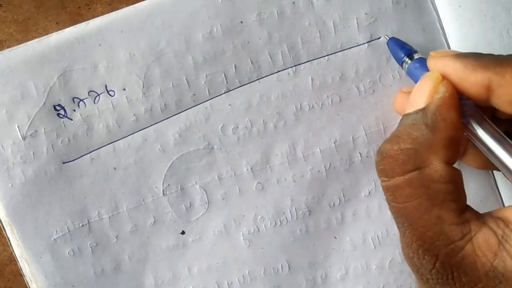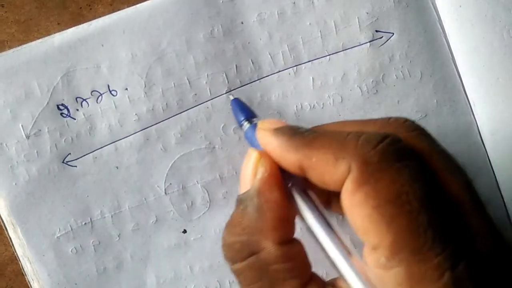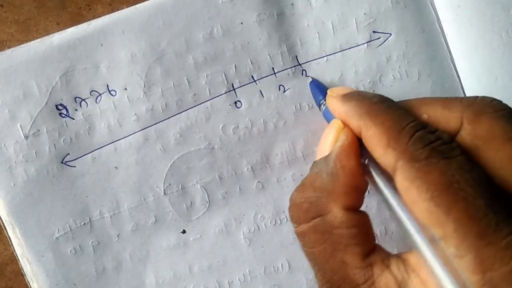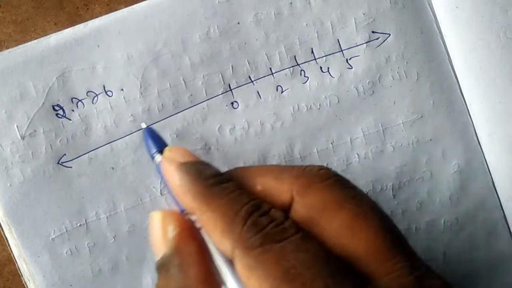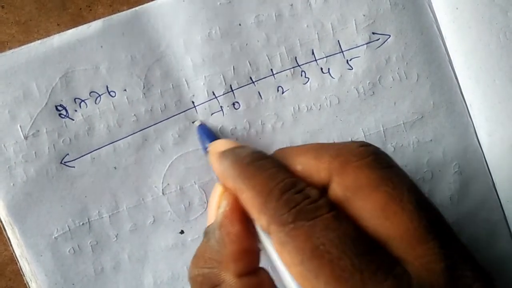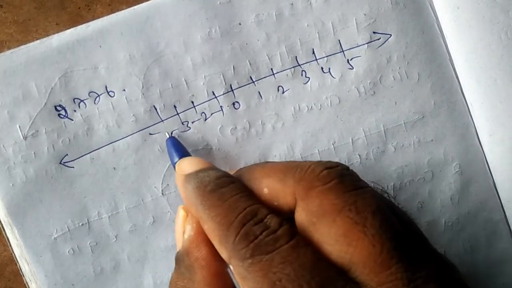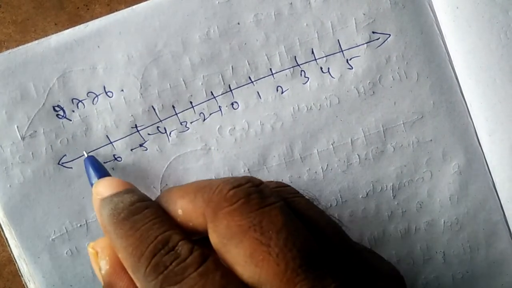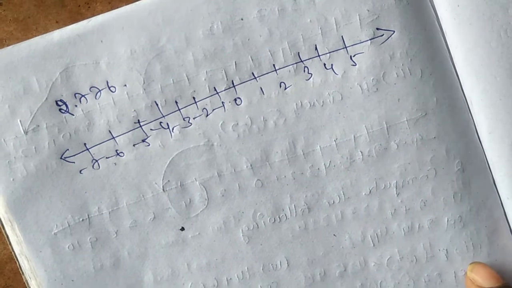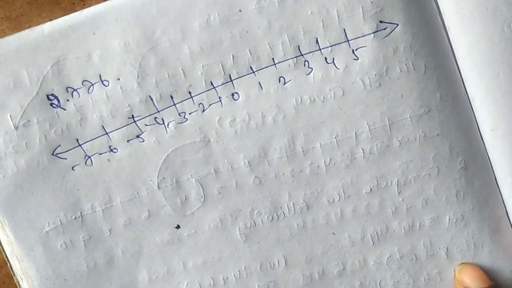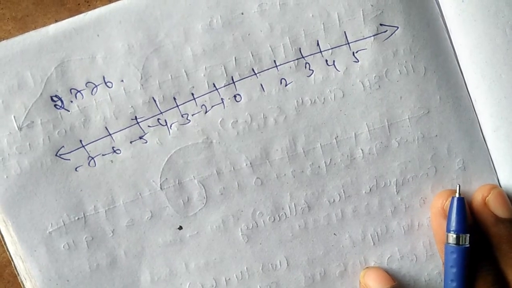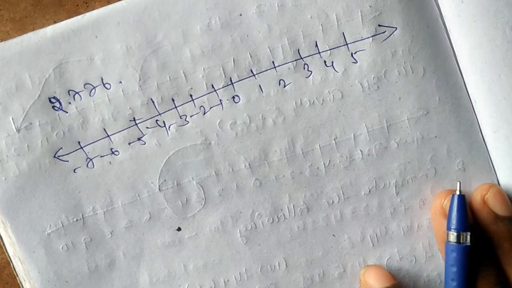Suppose you take a number line. At the center we have 0, then 1, 2, 3, 4, 5. On the left-hand side are the negative numbers: minus 1, minus 2, minus 3, minus 4, minus 5, minus 6, minus 7. On the right-hand side we have positive numbers, and on the left-hand side negative numbers.